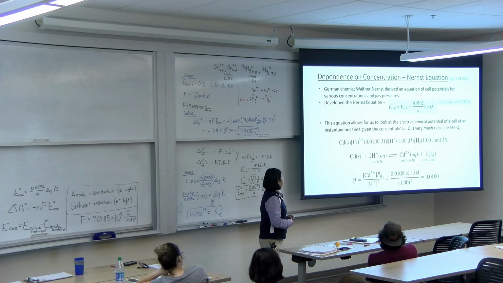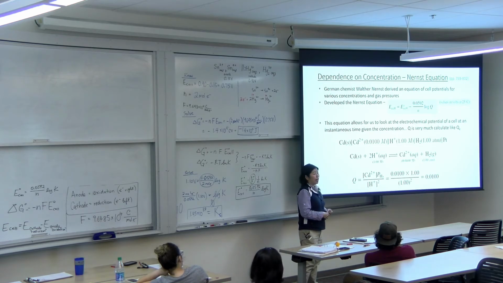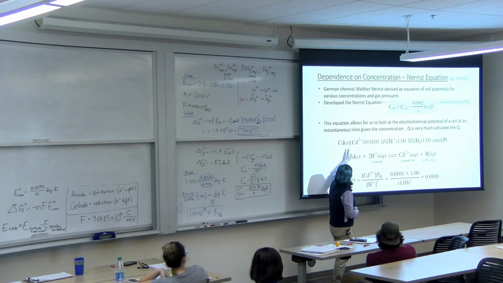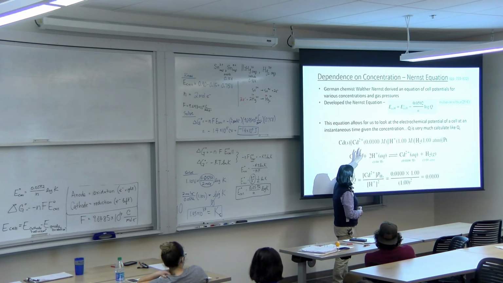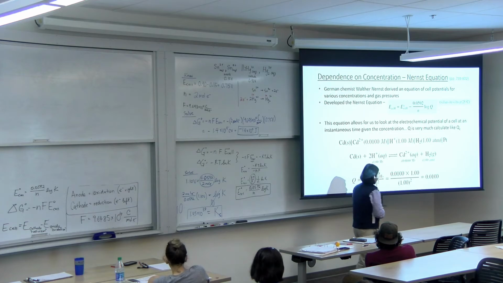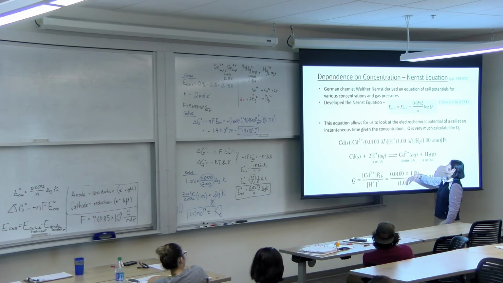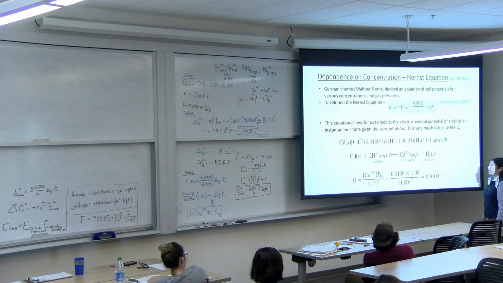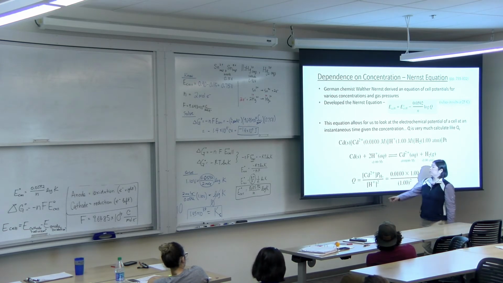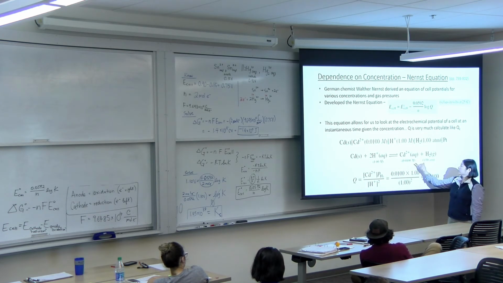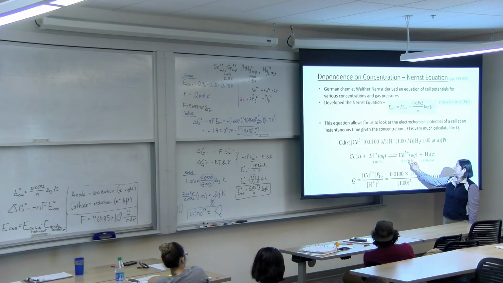So you're running a reaction, it is not at equilibrium, and you say cadmium becomes cadmium 2 plus, and the cadmium 2 plus at that instantaneous time is 0.0100 molar. Then on the other half reaction, you have H plus at 1 molar, and it is becoming H2 at 1 atm. So really Q is equal to products over reactants, so they rewrote it all out in all its glory. Products, which is the Cd2 plus concentration.